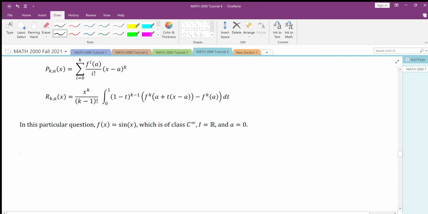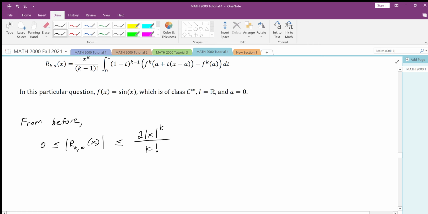So from before, we know this. So this first inequality there, that's by question 2b.